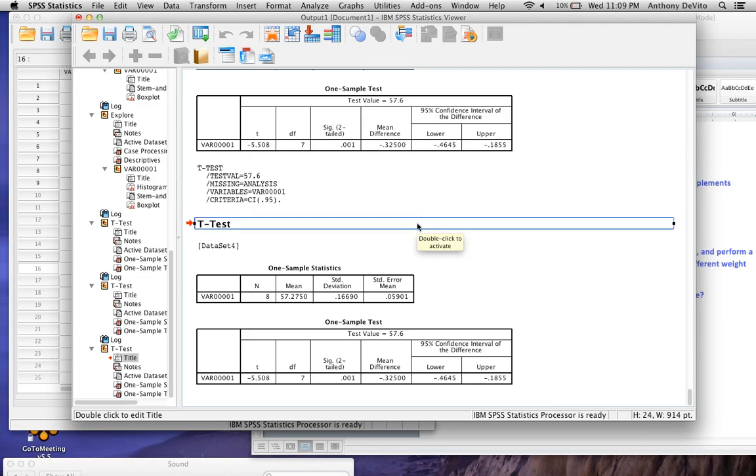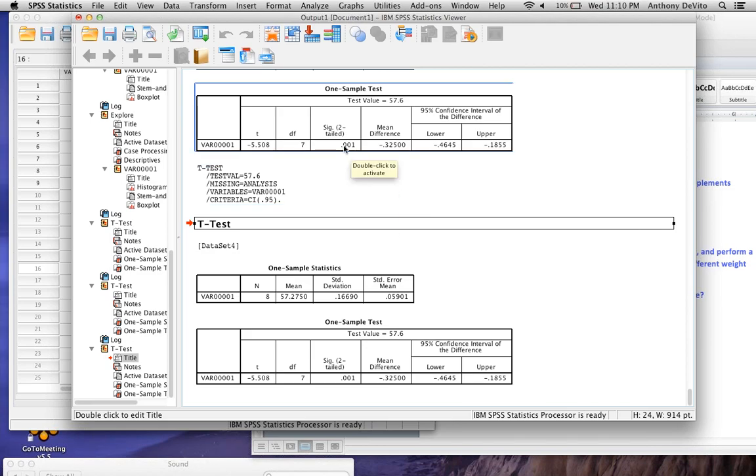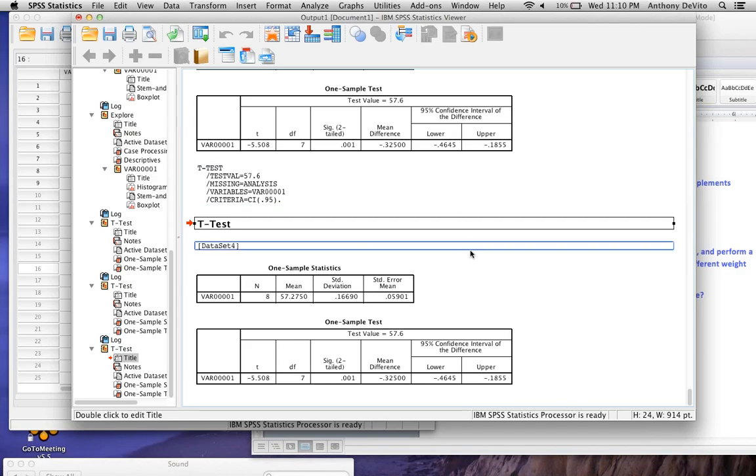If we can say with 95% certainty, 5% chance of being wrong, that the mean we're predicting and the mean we calculate based on our sample are different, then we reject the null hypothesis that the two means are the same and accept the alternative that they're different.